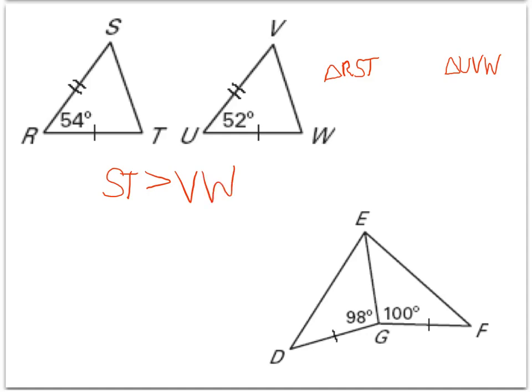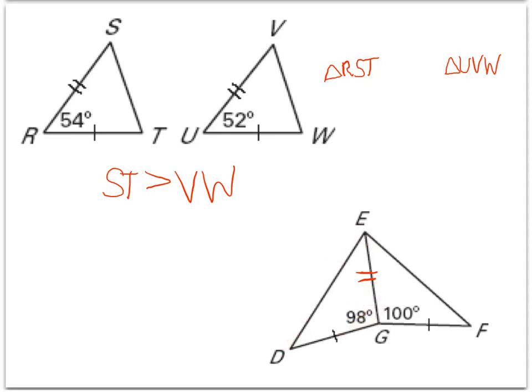In the second triangle, we have that DG is congruent to GF, and the other congruent side is actually EG because of the reflexive property. Every side is congruent to itself. So since they share the same side, it's congruent. So now we have two congruent sides and an included angle, which means the larger angle, the side opposite of it, is going to be larger than the other side opposite the other angle.